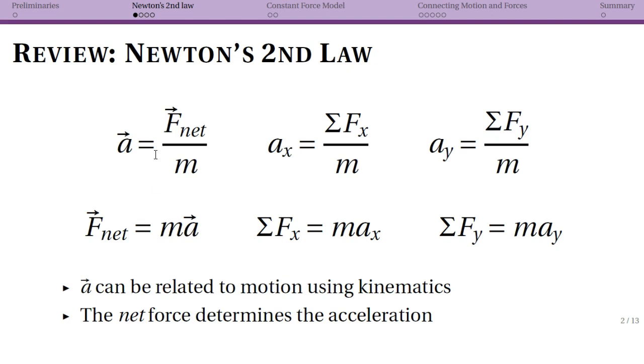So we can rearrange it and simply say that acceleration is equal to F net divided by mass. This is kind of a nicer way to think about it in terms of, say, cause and effect. However, this is the classic way to write it. Then what you can do is break it into x and y components. Now, obviously, instead of it being x and y, it could be parallel and perpendicular if you want to use that coordinate system, which is absolutely fine.